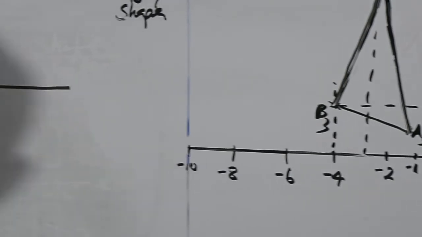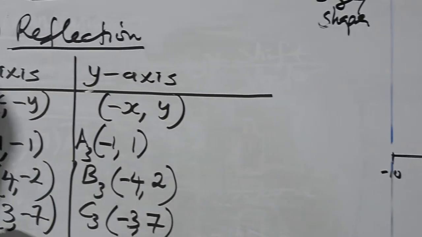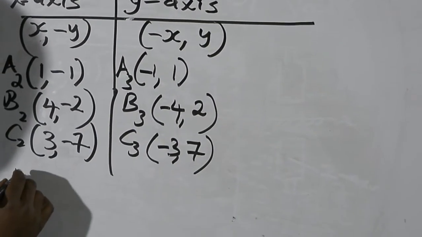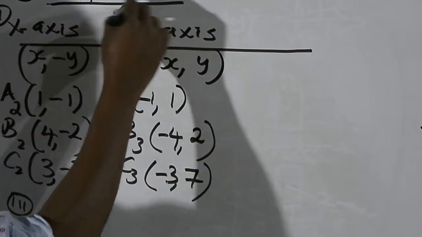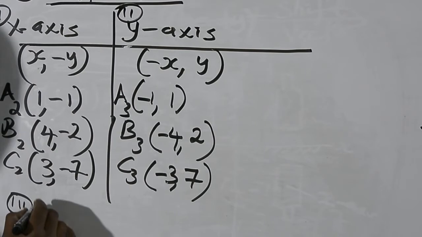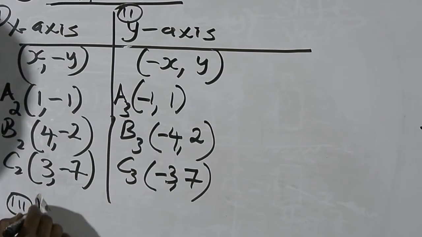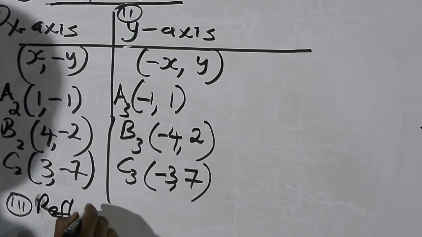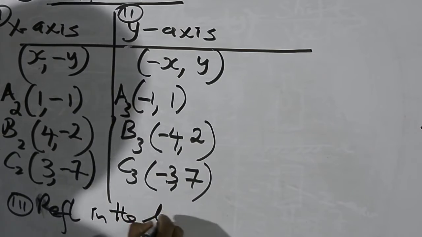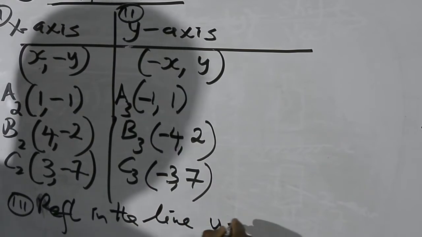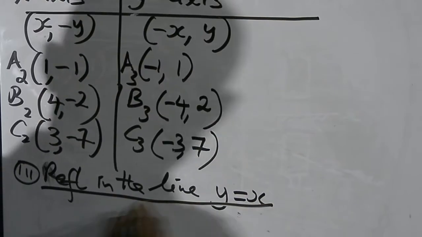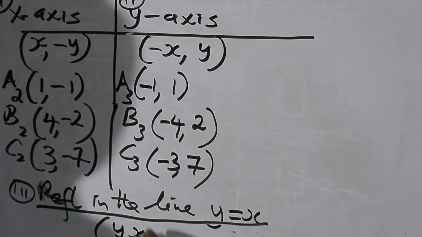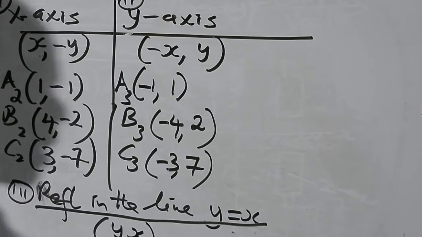So we come back to the next type of reflection, Roman 3, reflection in the line y equals x. In this case the formula is (y, x), so it is like interchanging.